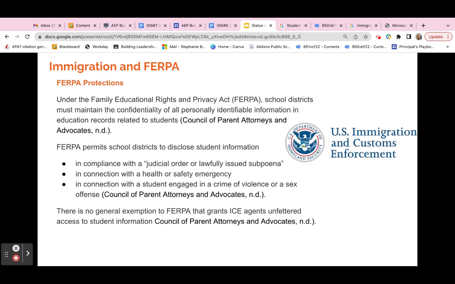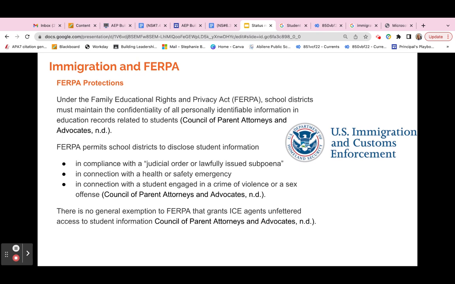Further, under FERPA, school districts must maintain the confidentiality of all personally identifiable information and education records related to students. FERPA permits school districts to disclose student information if there is a judicial order or lawfully issued subpoena.